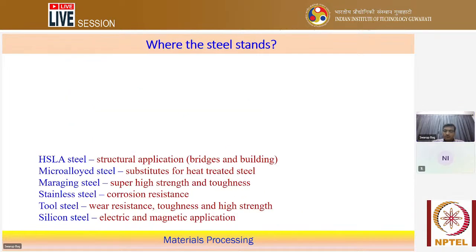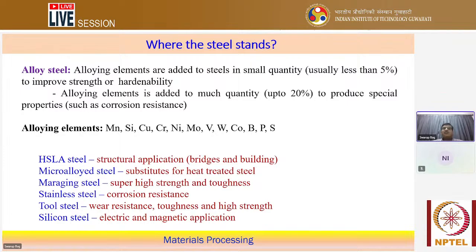Now, once we have plain carbon steel, there is another type: alloy steel. In alloy steel, alloying elements are added to the steel, usually in very small quantity, less than 5%, to improve certain properties, usually the strength or hardness of the material.